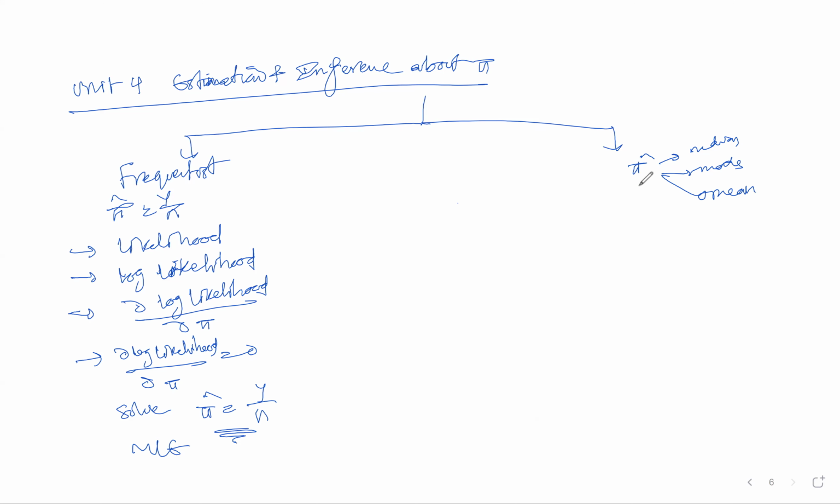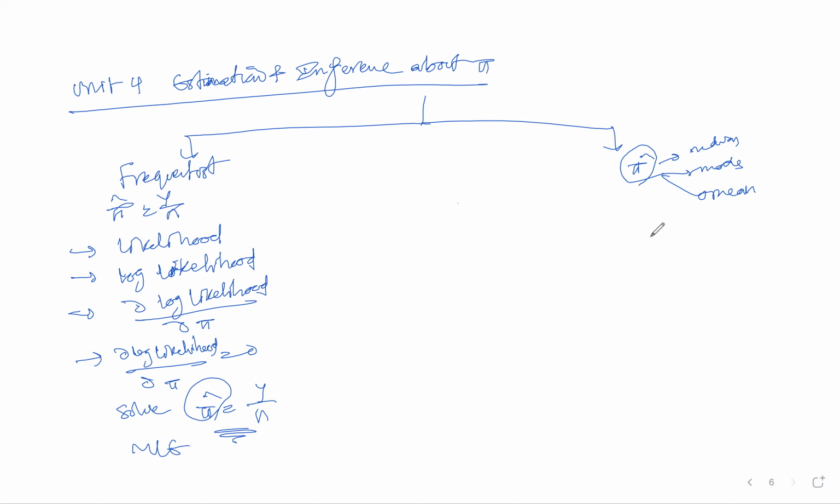It means there are 3 ways of estimating pi, but the frequency approach is only one method, which is y divided by n. And we also covered how to calculate the posterior variance, posterior standard deviation, and so on. So this is called estimation.